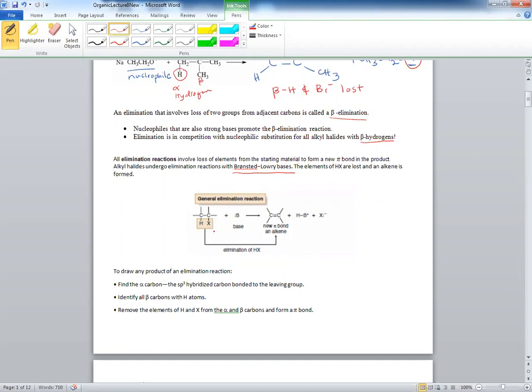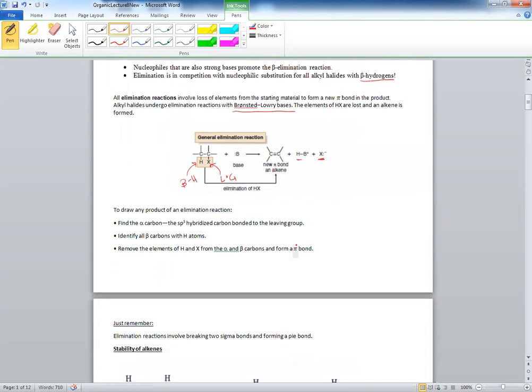And if we notice that the H, the beta hydrogen, and the leaving group X are both lost right here. The base is involved instead of a nucleophile, and watch again what is happening: you have a new pi bond.